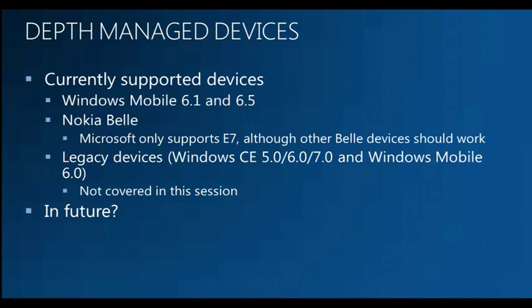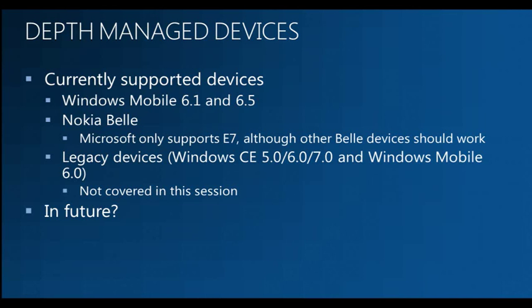Nokia has multiple different Belle-based devices currently on the market, and the Config Manager client can be installed to any of those Belle devices. Microsoft only supports Nokia E7, this type of phone, most probably because their support personnel only have access to these type of devices. But that is only a Microsoft support limitation, not a technological limitation.